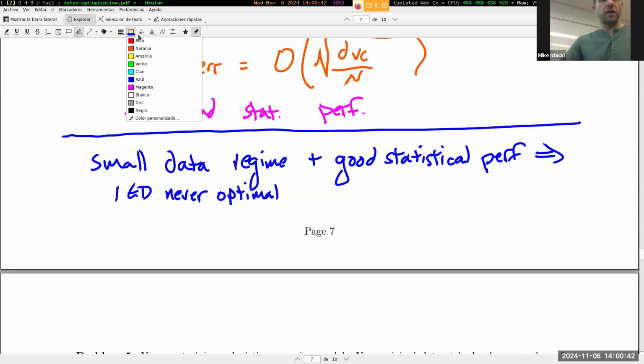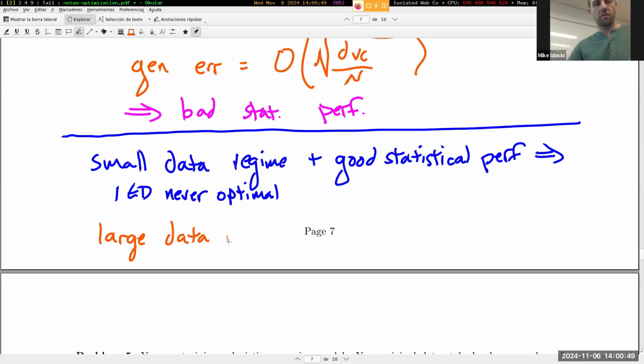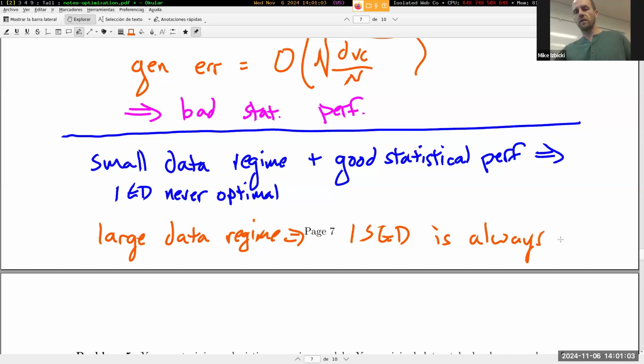If you're in the large data regime, then 1 SGD is the tool that you'll always want to use. 1 SGD is always the right optimization.